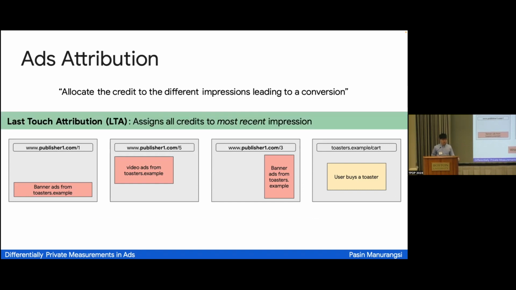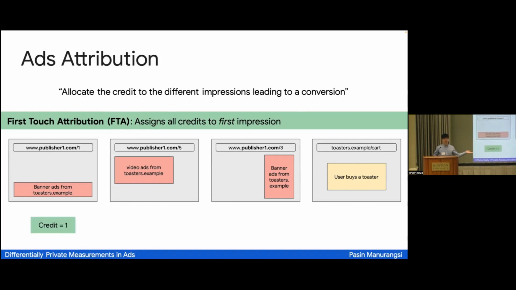This is typically based on some attribution logic rules. Some of the most popular rules are as follows: last touch attribution, or LTA. As its name suggests, this is a very basic rule where you assign all the credit to the last ad. So in this case, the third ad would get all the credit and the remaining ads get 0. There is first touch attribution, which is the opposite.